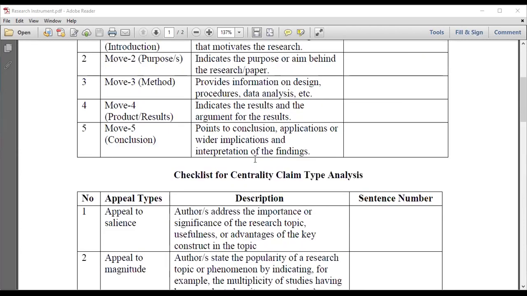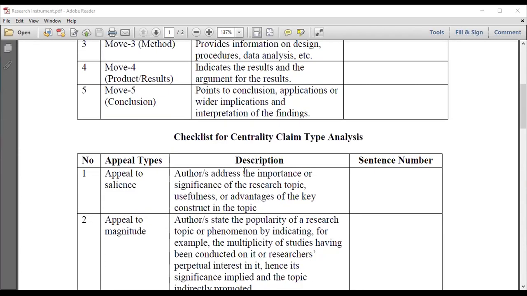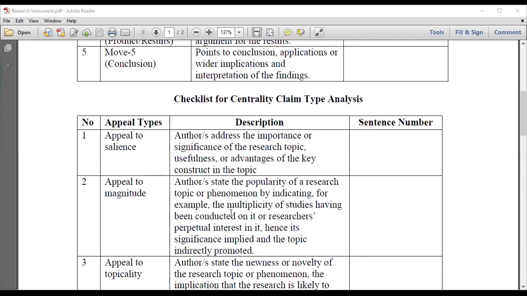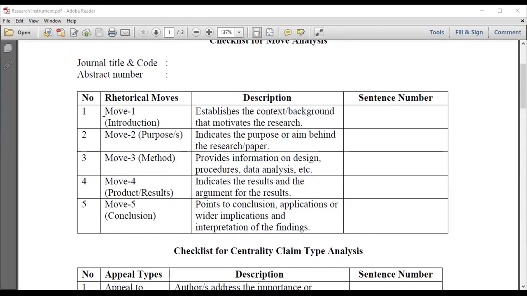Now we come to the second instrument, still in the abstract. Most of the time this will be found in the beginning, in the introduction, in move one.